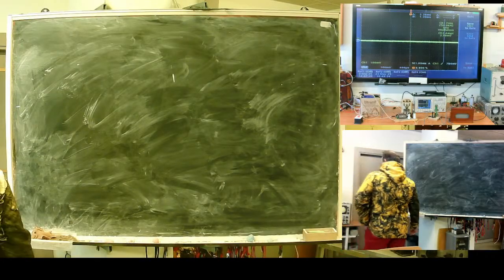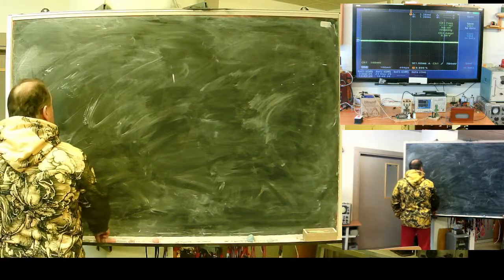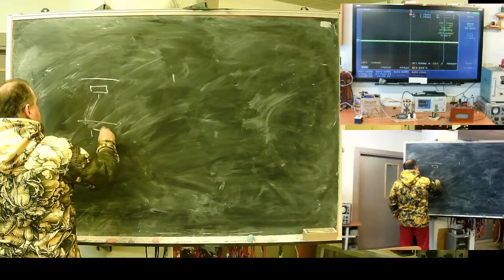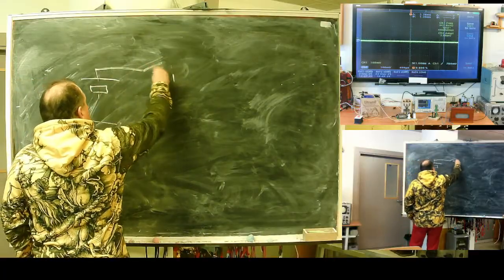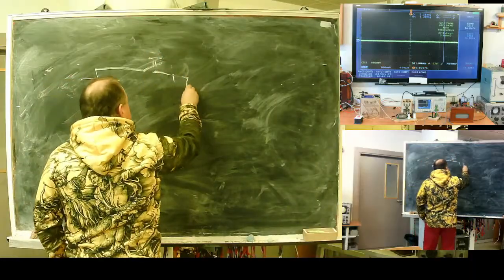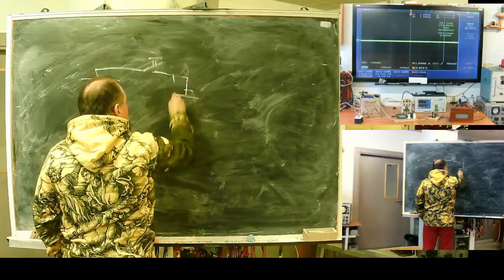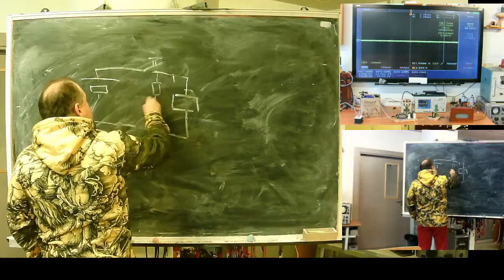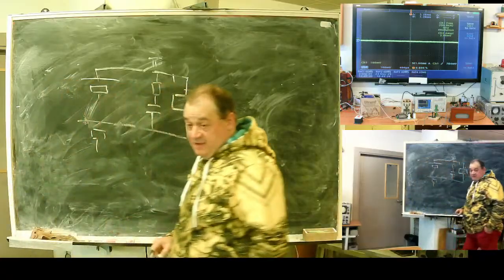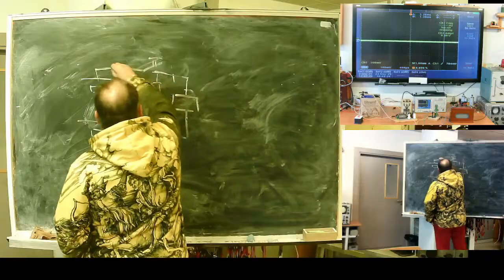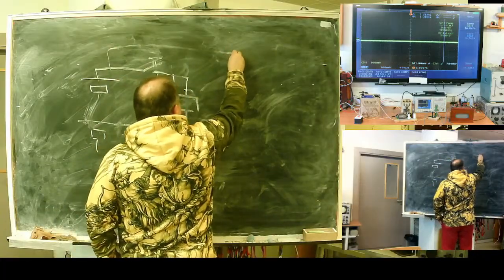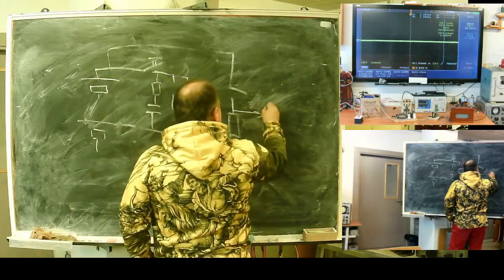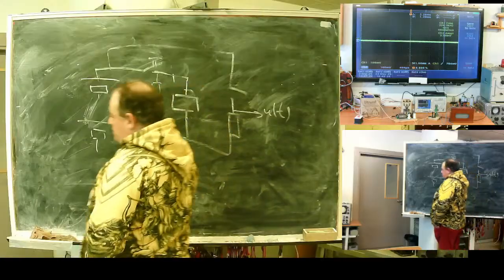Very simple circuit. Okay. Battery, push button, coil of my relay, with noise suppressor. I have no suppressor here. And this is my signal.